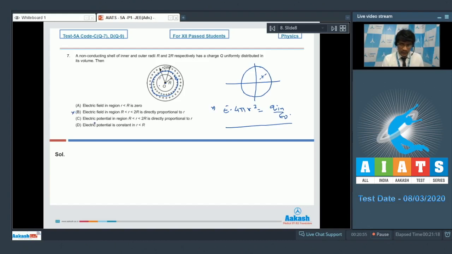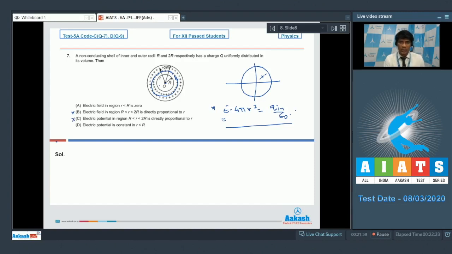Similarly, the electric potential in the region R to 2R is claimed to be directly proportional to r. It is very sure that the field is not a direct function of r or a constant term. So the integral of this value of E will certainly not come out directly proportional to r. So option C would also be the wrong answer.